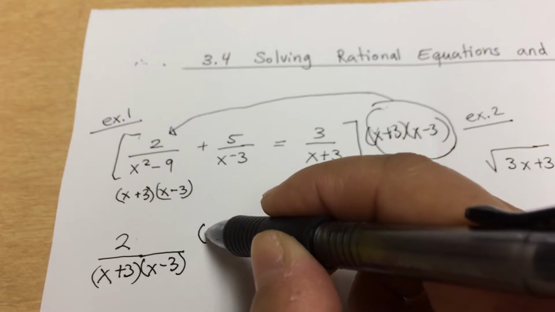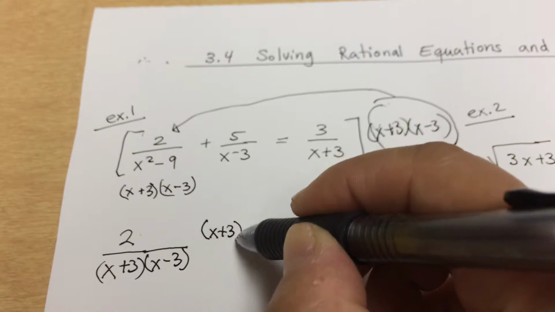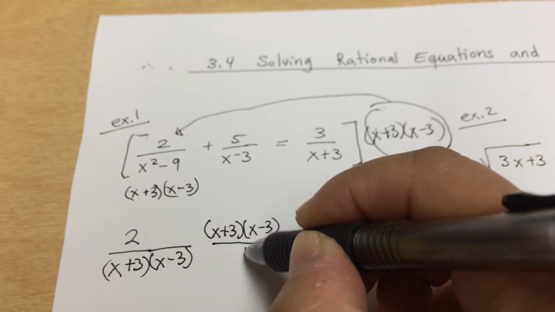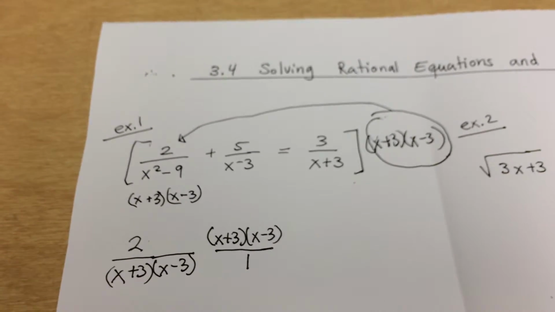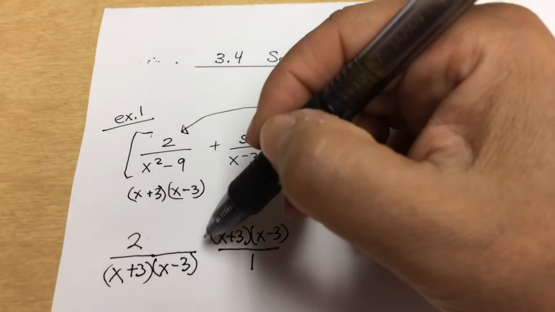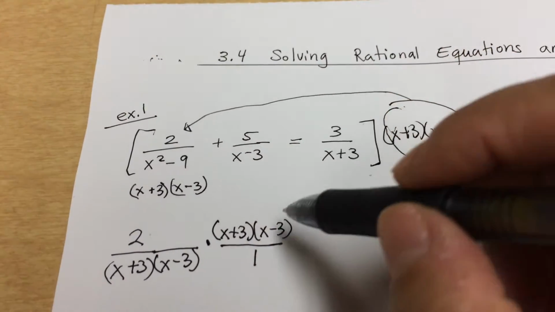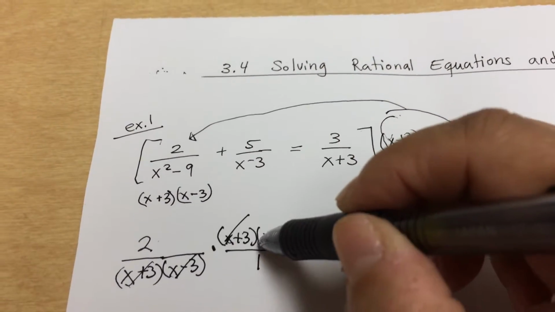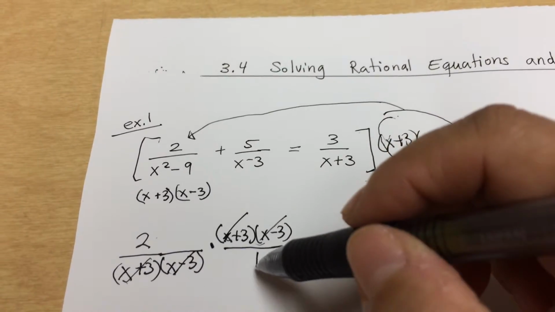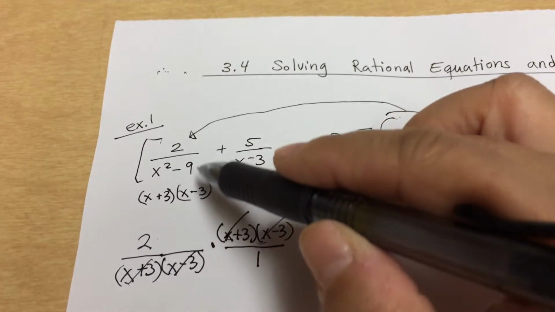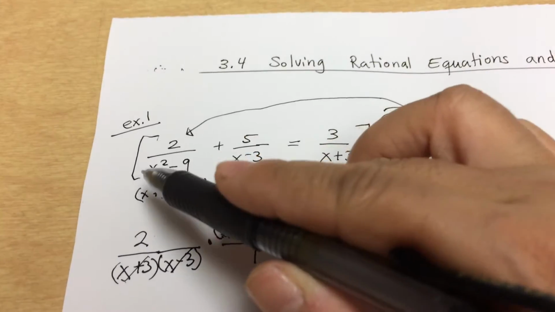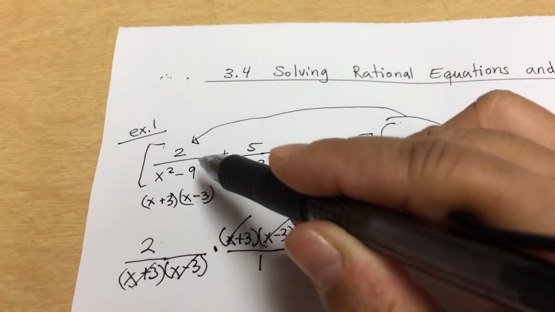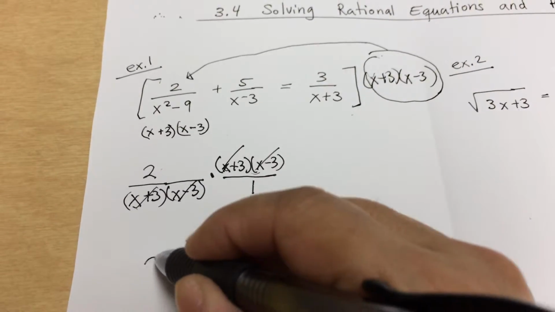So the multiplication looks like this, the x plus 3, x minus 3, and this is technically over 1 fraction-wise, right? Whenever you're multiplying, you can always reduce. So this will cancel out, this will cancel out, and you're left with just 2 over 1, which is 2. So 2 is what's left over of this fraction when I distribute or multiply all of this to that fraction. So I'm going to put 2 right here.